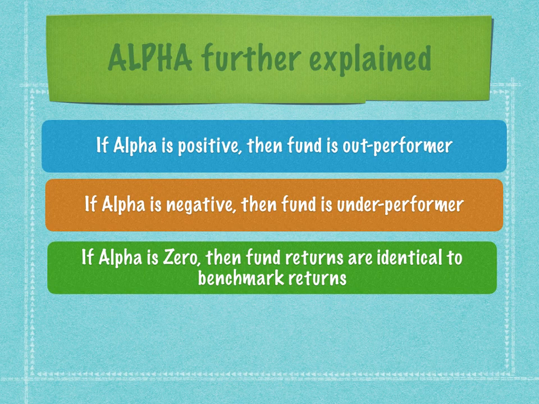In the case of index funds, the fund manager has exactly duplicated the index fund, and therefore the alpha could be zero. So we have to be able to read both alpha as well as beta in sync with each other if you want to be able to evaluate which fund you would like to invest in.